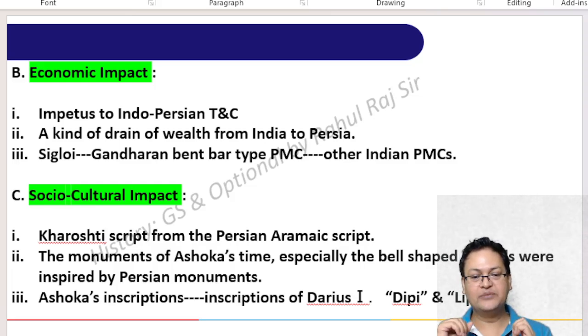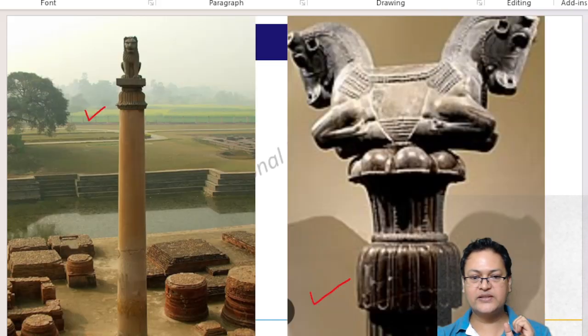Now second point, the monuments of Ashoka's time, especially the bell-shaped capitals, were inspired by Persian monuments. Now let's look at this. So this is, two horses. This is a Persian pillar and this is an Ashokan pillar. You can see this bell-shaped capital, or you can say shape of an inverted lotus. Here also you can see this.